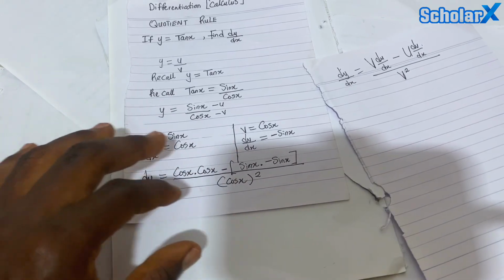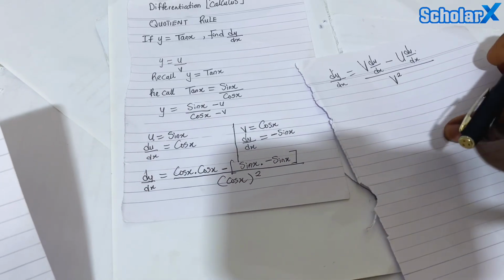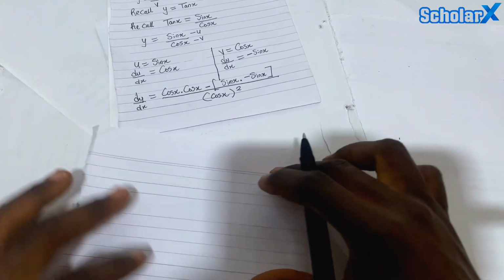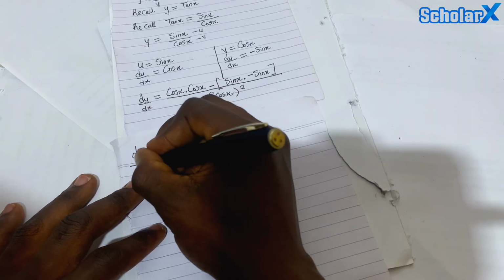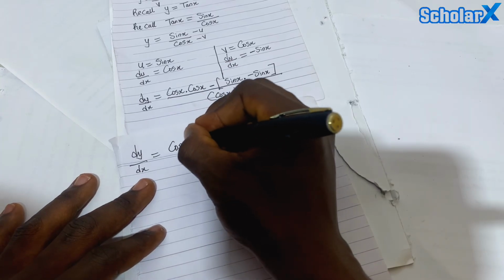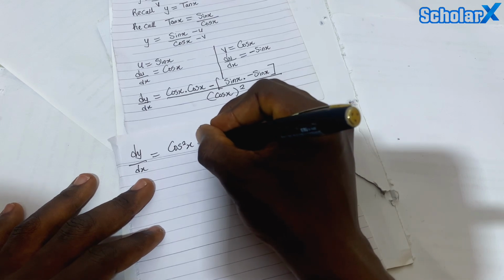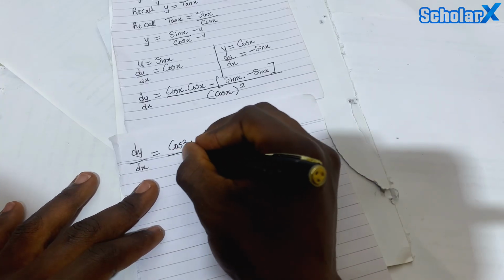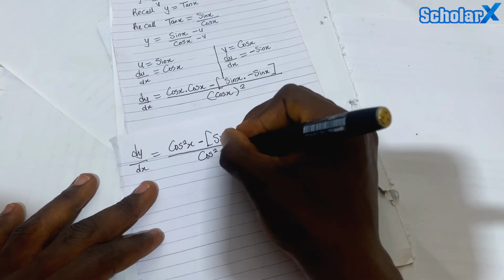So we followed this formula and we have this. Let's continue. dy/dx is equal to cos x times cos x, which gives us cos squared x. Now sine x times minus sine x gives us minus sine squared x, all over cos x all squared, which is cos x times cos x, giving us cos squared x.